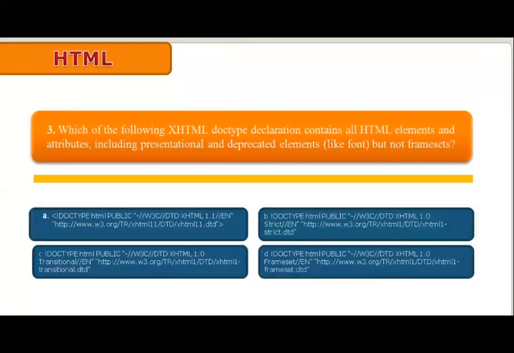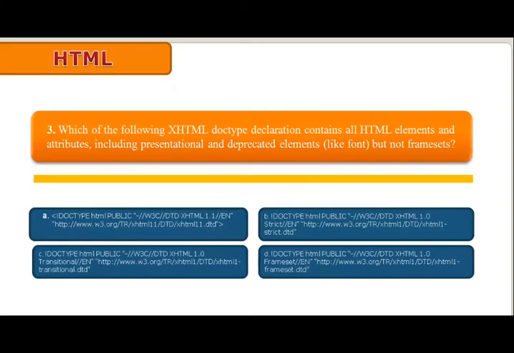Question number 3. Which of the following XHTML DOCTYPE declarations contains all HTML elements and attributes, including presentational and deprecated elements like font, but not frameset? So the important point is that frameset is not used.